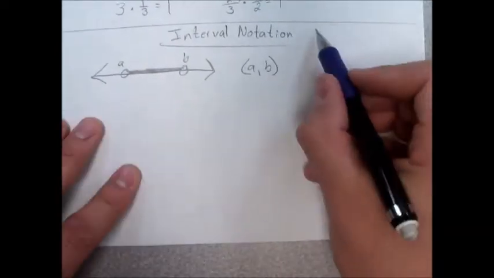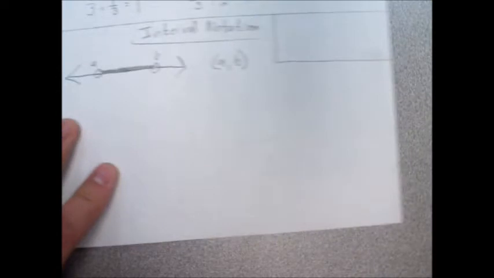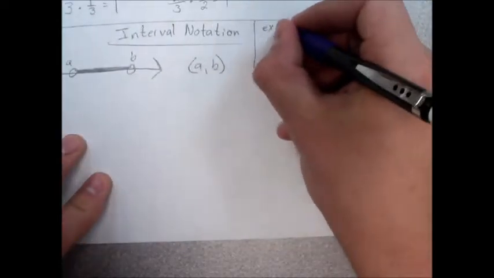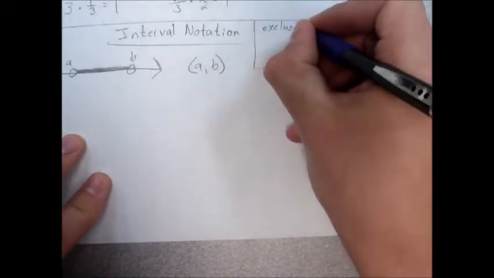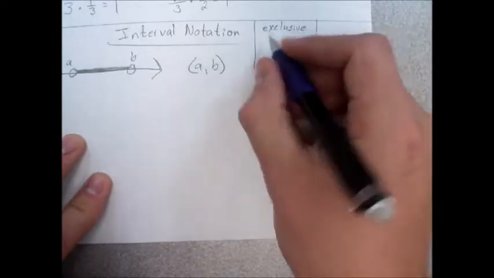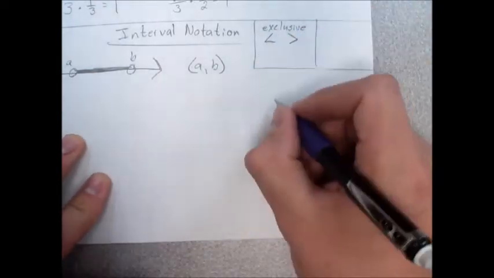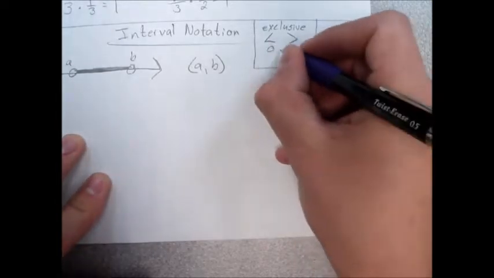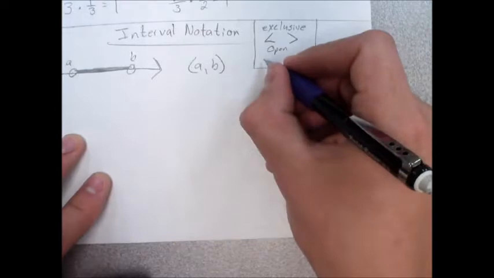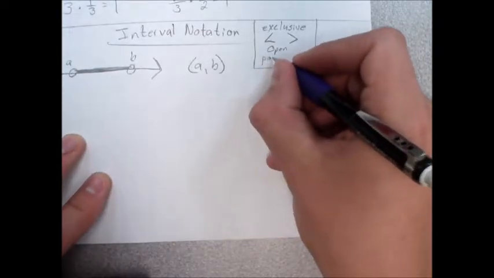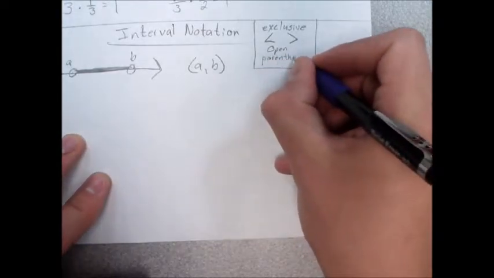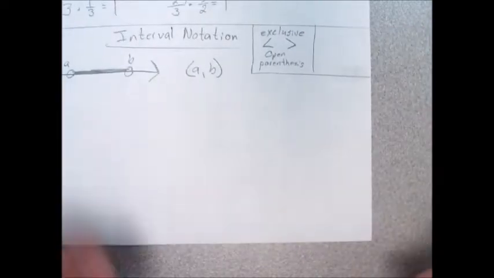So in a little box right here, make this little note. Exclusive is the ones that go with less than and greater than, and open circles. We will use parentheses with things that are exclusive.